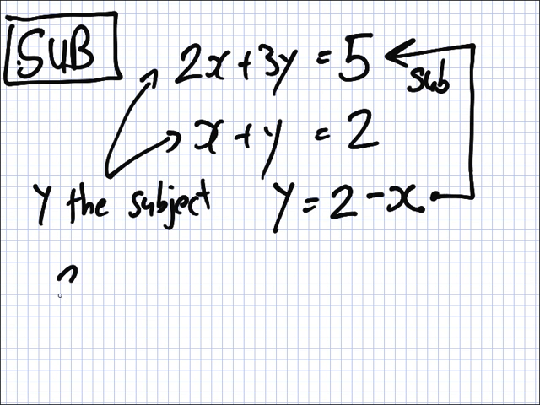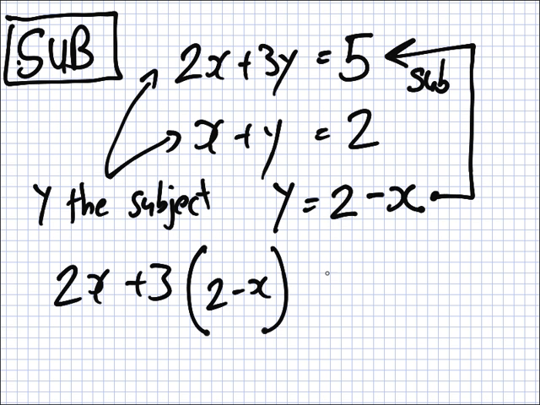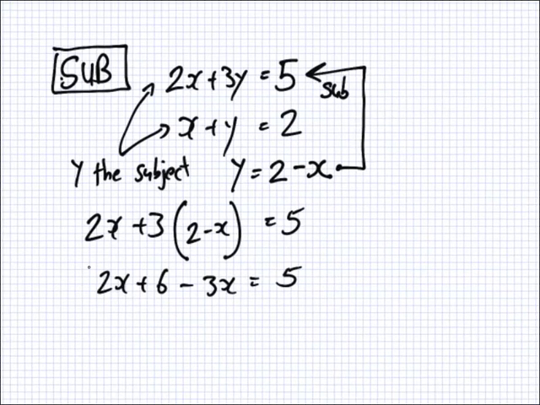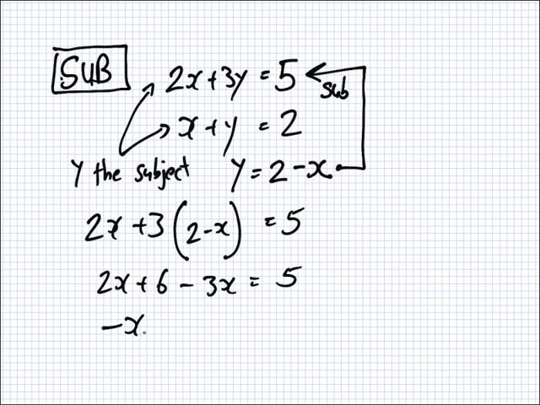So now you have 2x plus 3y, which is 2 minus x, equals 5. So that is 2x plus 6 minus 3x equals 5. So that is minus x plus 6 equals 5.